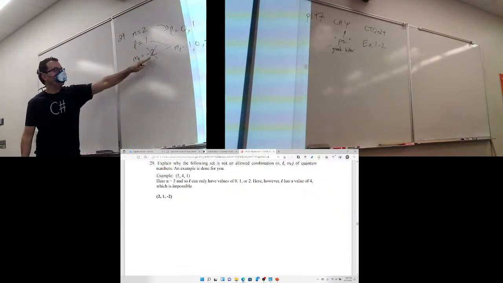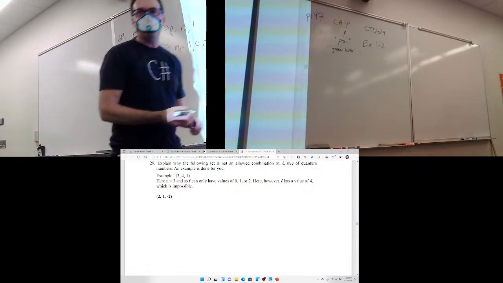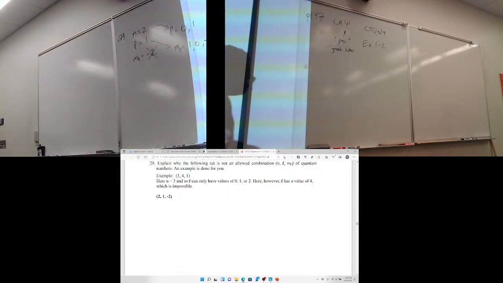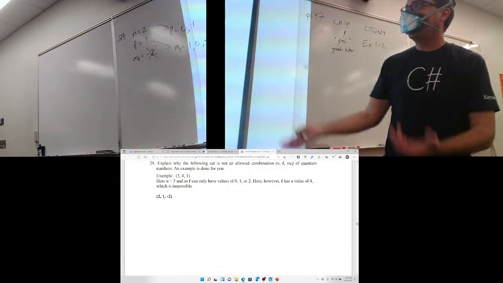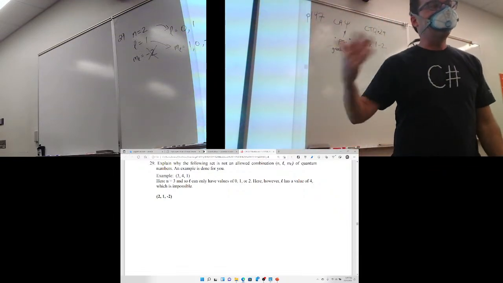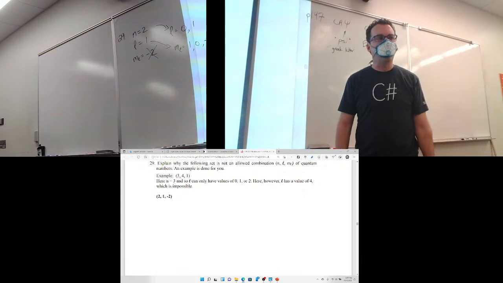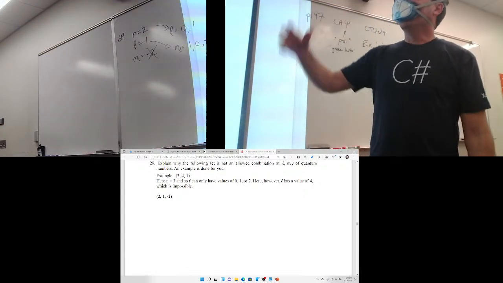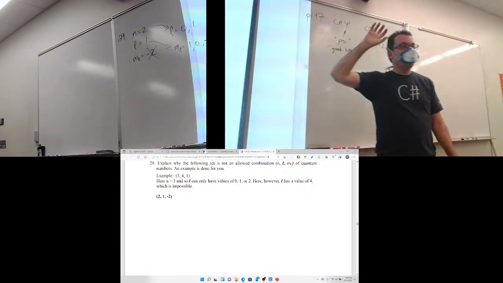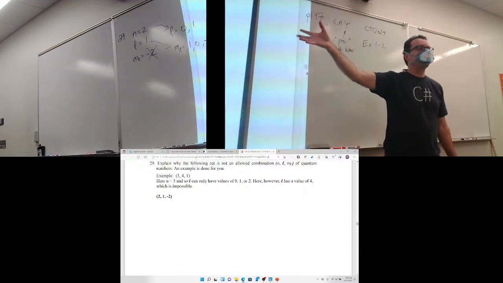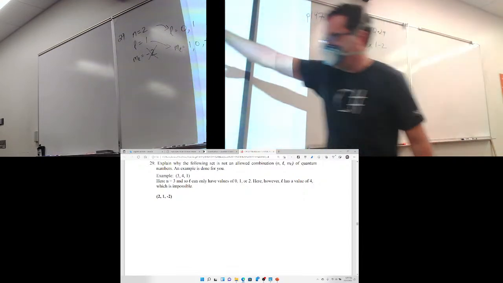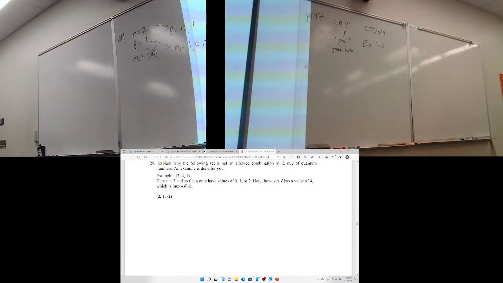When L is 1, m sub L cannot be minus 2. So that's the idea behind this kind of problem. You go through the steps, you say what's allowed, what's not allowed. Oh, that's not allowed, so you can't label it with this value. What that means mathematically is you can't get a solvable wave function using these three numbers, these parameters. It doesn't work.